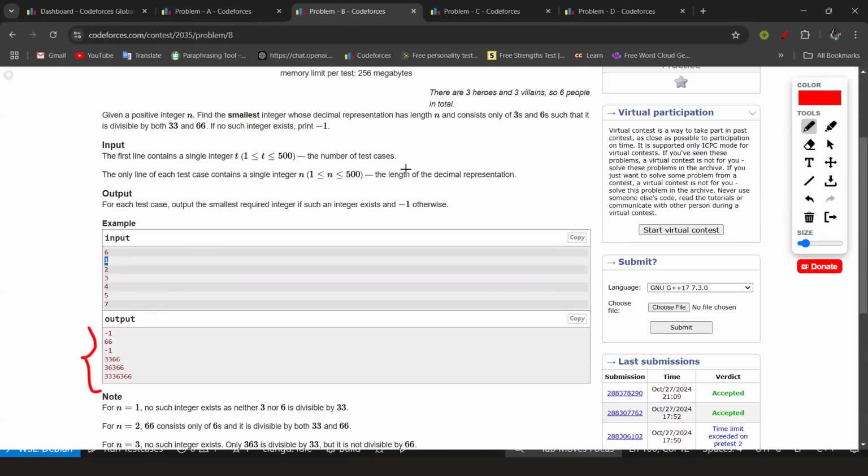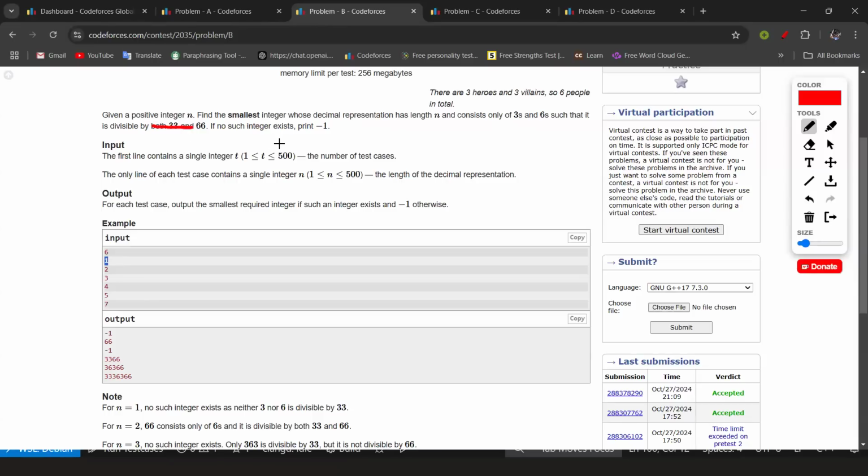The first thing we need to notice is that we need a number divisible by both 33 and 66. Since 66 is 33 times 2, any number divisible by 66 is definitely divisible by 33. So the question is just to find a number divisible by 66. Instead of writing both 33 and 66 in the question, if you just write 66, the question remains the same.